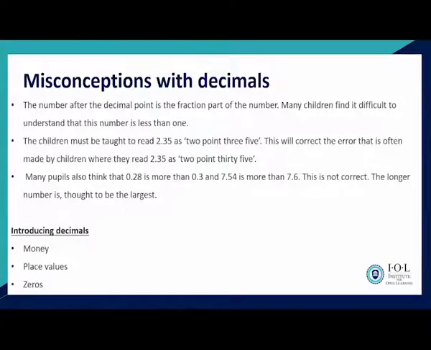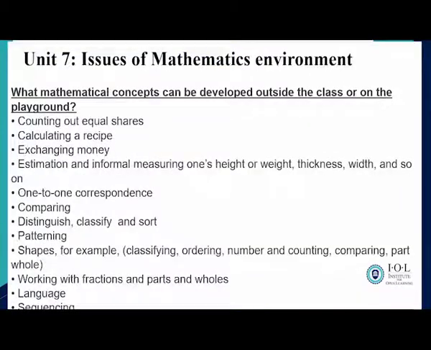The longer the number is, the thought is that it is the largest. Okay, then the way you can introduce them to decimals is by using money, place values, and the emphasis on the 0. Okay, practice more of that one.